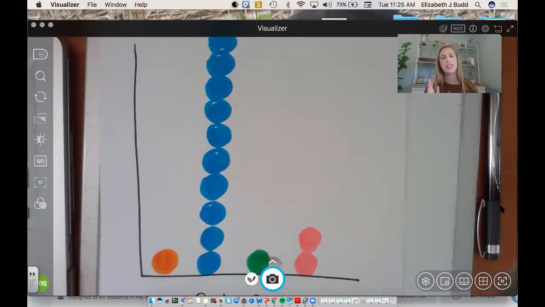Now I want us to look at the difference. When I say the word difference, I want you to be thinking of subtraction. Finding the difference between 2 numbers, you're subtracting the numbers in order to find how much is different between the 2. So I want you to find the difference between the number of students that like blue and the number of students that like pink.